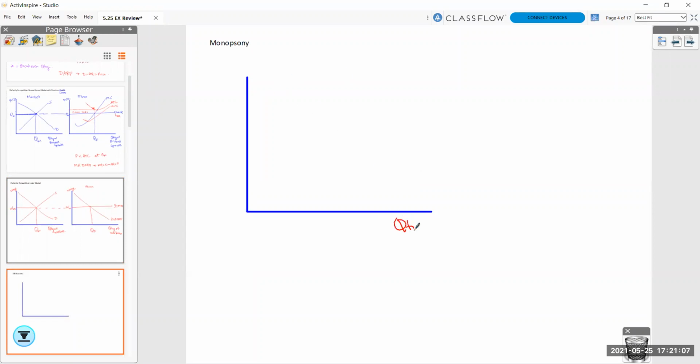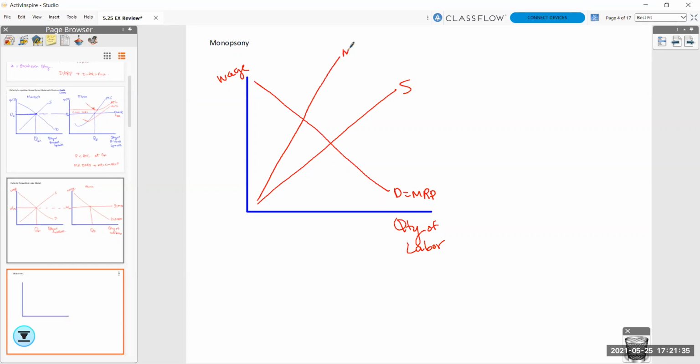So this would be the quantity of labor. Could be hairdressers or electricians. And this is the one where they have the same demand equals marginal revenue product. They have their supply. And it's the opposite of your monopoly. In order for them in a monopsony to hire one more worker, they have to increase the wage for all of their workers.